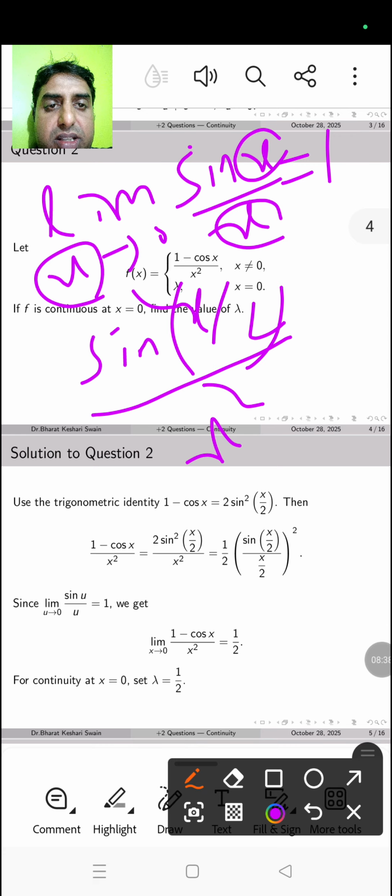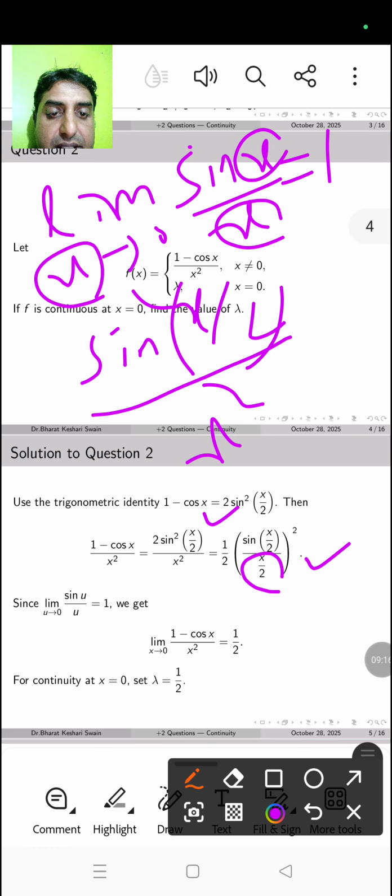So how to adjust it to use the formula? We can make it 1 by 2 times (sine (x by 2) divided by (x by 2)) whole square, because it is x square. So we have to make the denominator in the form of x by 2. If we take (x by 2) whole square, then it will be 4 in the denominator, so I have to divide by 2. So 1 by 2 into (sine (x by 2) divided by (x by 2)) whole square.